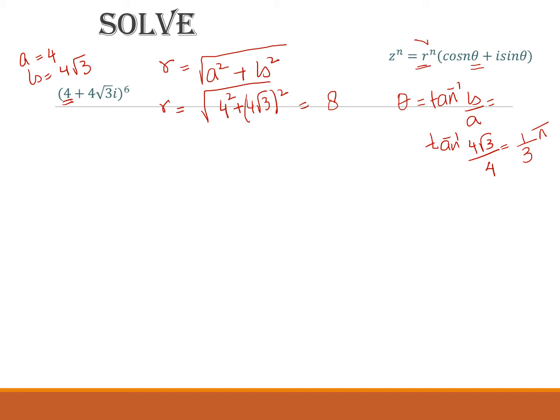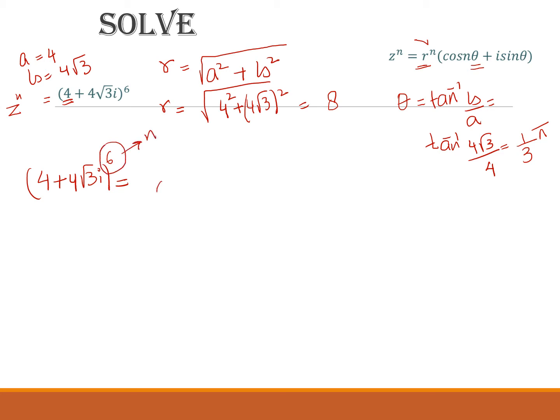What you have to do now is put all the values into the formula. This whole thing is your z to the power n. So z is (4 + 4√3i) to the power 6, which equals r to the power n, where n is the power.